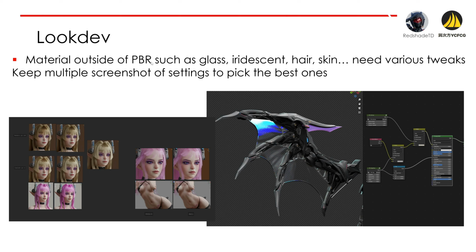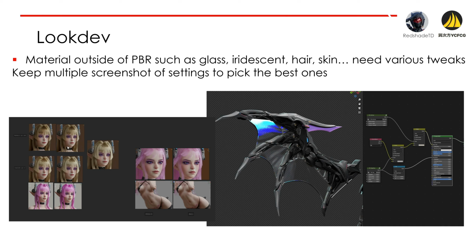But outside of the PBR system of Substance Painter, materials such as glass, iridescent materials, hair, and skin are going to need custom built materials. So if your character is going to go into a game engine, they're going to have custom glass, custom skin for that game engine. For my character, I'm going to use Blender, so I need to build some nodes in Blender for these kinds of materials.